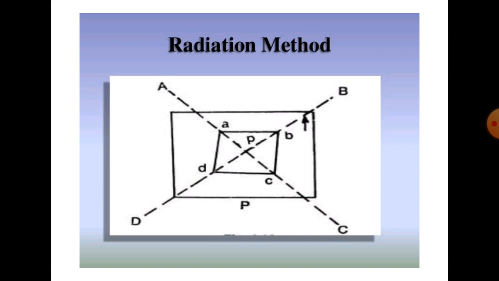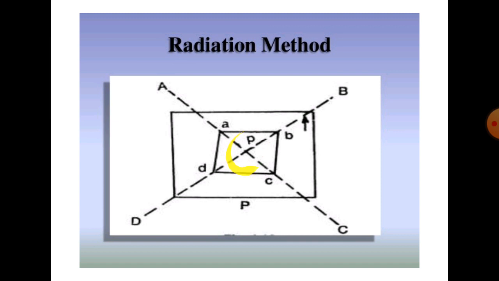Clear? Then using the measuring tape, we measure the distances from P to A, P to B, P to C and P to D. So all the points are measured from point P and we take a scale.